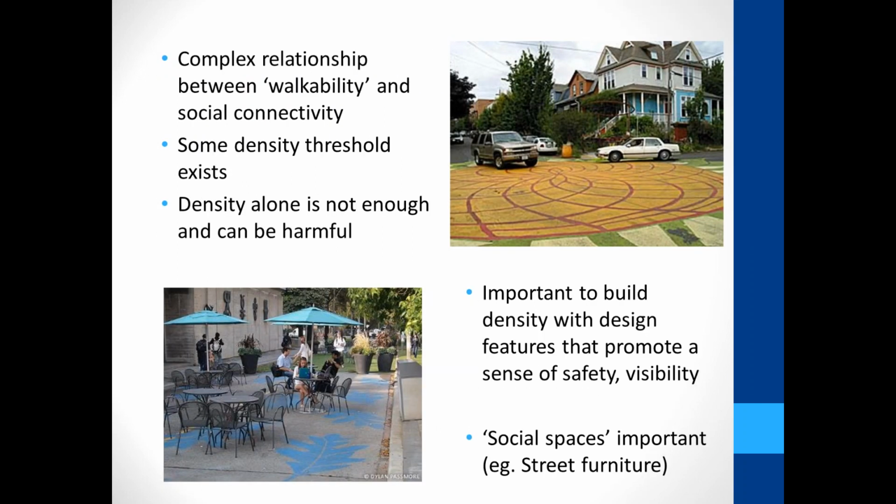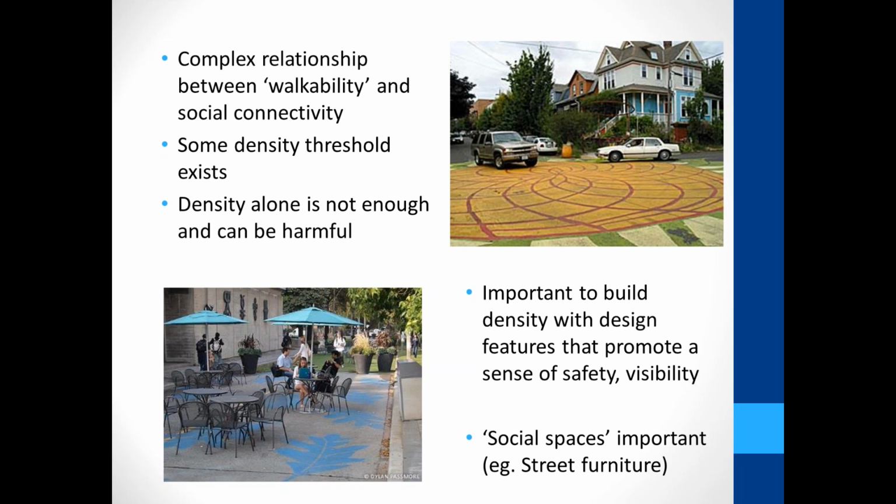So, as you may have seen, and I hope is the message that is coming across, it's a complex relationship between walkability and social connectivity. Some density thresholds do exist. As I said, in a high-rise of 60 stories you might feel quite socially isolated because you're maybe less likely to know your neighbors than if you are in a low-rise building where there are fewer people.